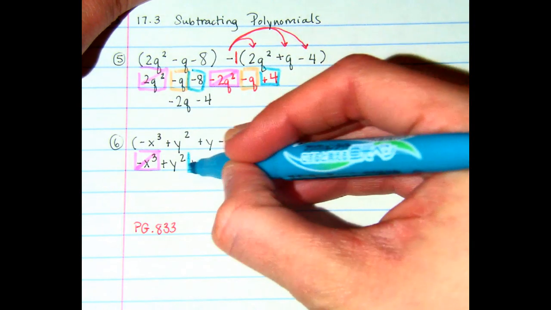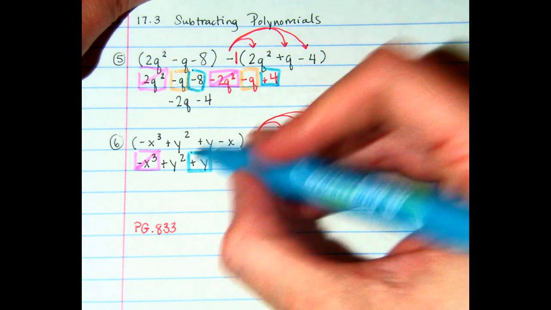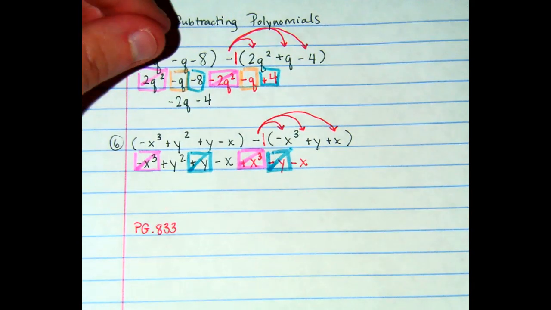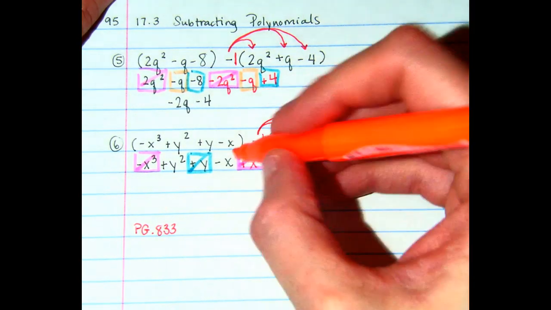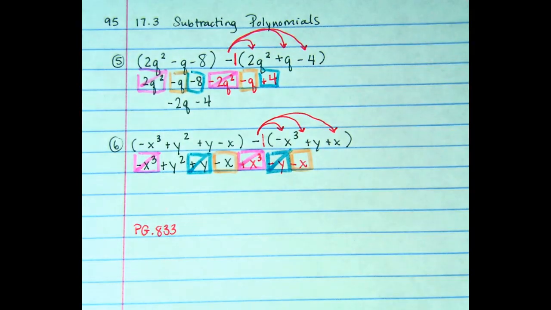Okay, the y's. What's y minus y? Those cross out as well. That's pretty simple. Alright, do we have any other like terms? Negative x and negative x. What does that become? Negative 2x.